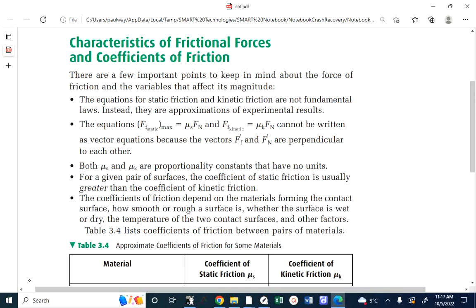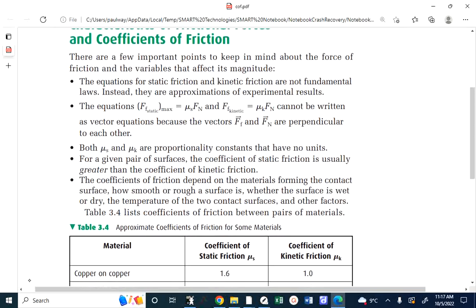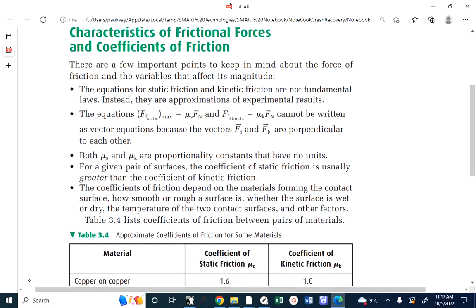And it's a little bit more usually. The coefficient is not the force of the friction, but it's related to when the objects are not moving. Whereas kinetic friction has to do with objects in motion. So you look at copper on copper. Copper on copper has a coefficient of kinetic friction of 1, which means the normal force and the force of friction will always be the same on a horizontal surface.